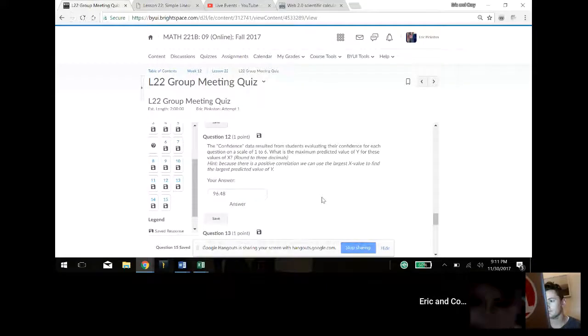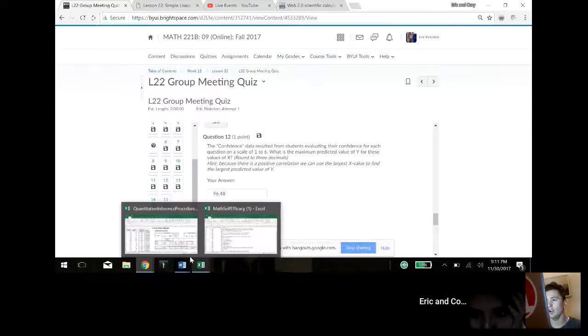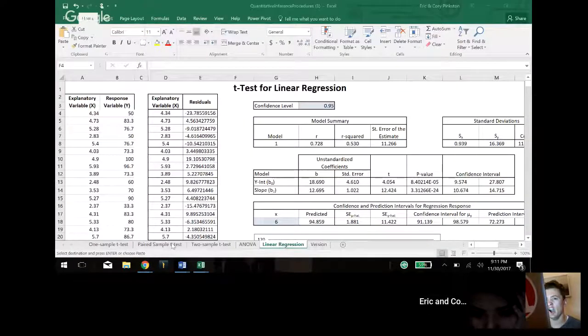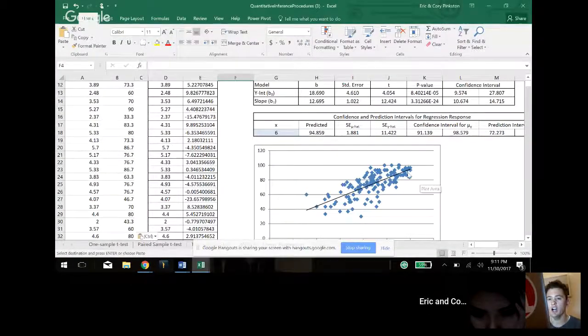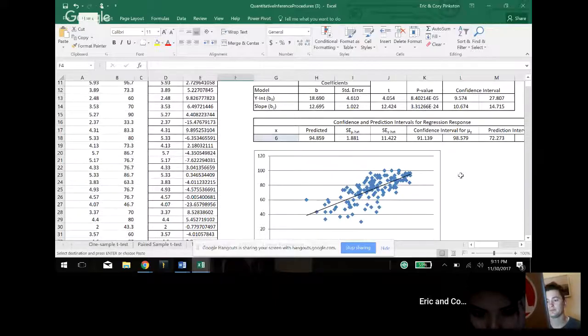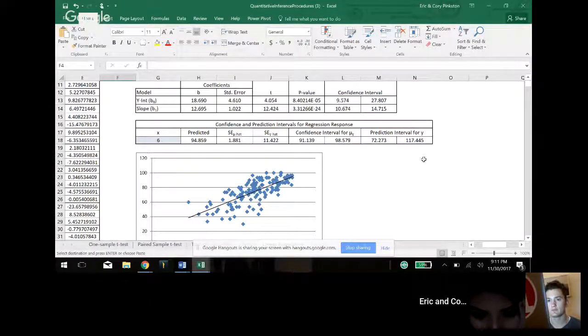The confidence data resulted from the students evaluating their confidence for each question on a scale of 1 to 6. What is the maximum predicted value of y for these values of x? So the very last y? Is that what it's saying? Maybe. The maximum predicted y. Oh, maybe is it this?